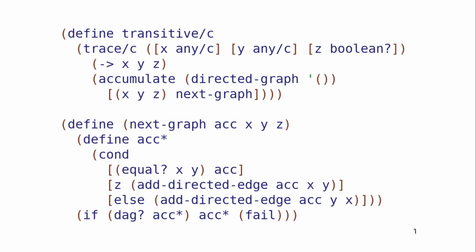Every time I know that something is less than or equal to something else, I'm going to create an edge in this directed graph. And if there's ever a point where there's a cycle in the graph, that means that there's some violation of transitivity, in which case I should get a contract error.